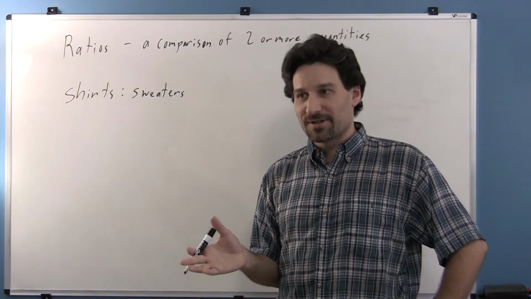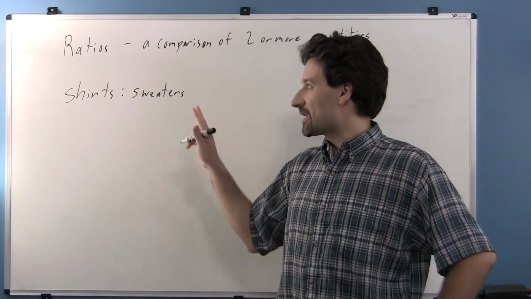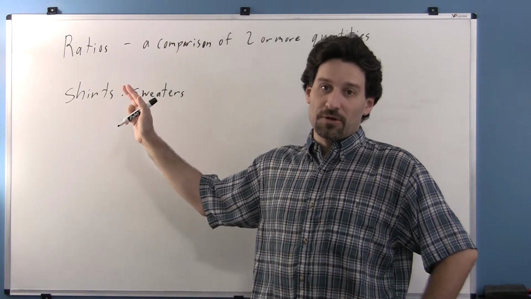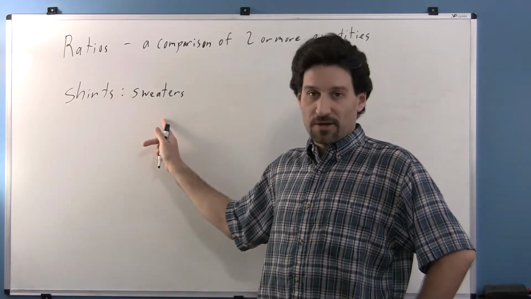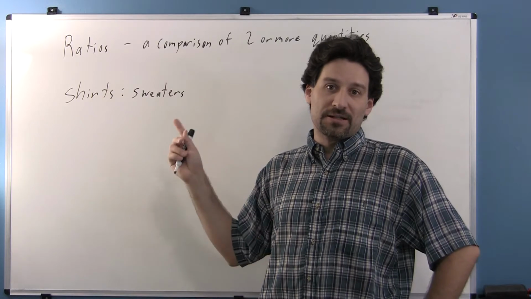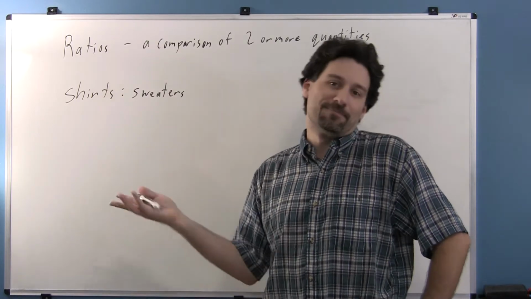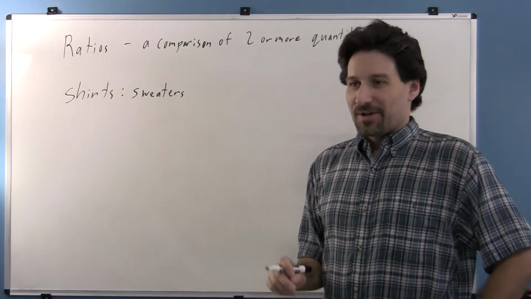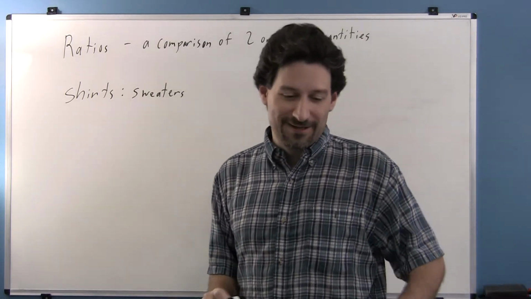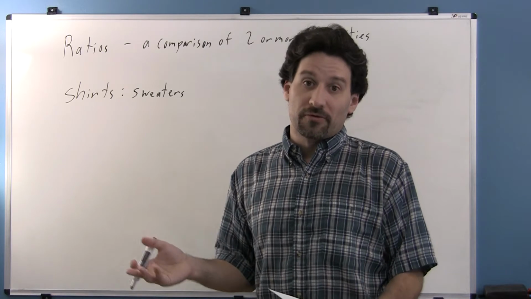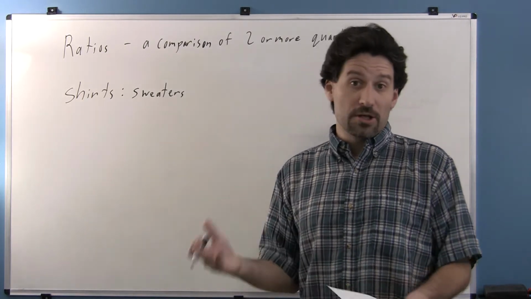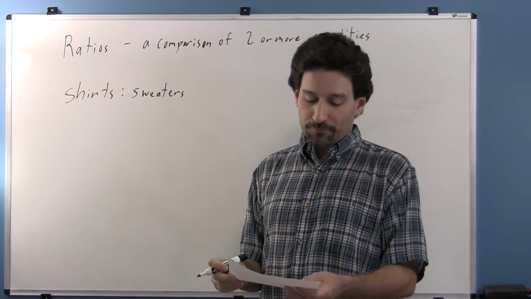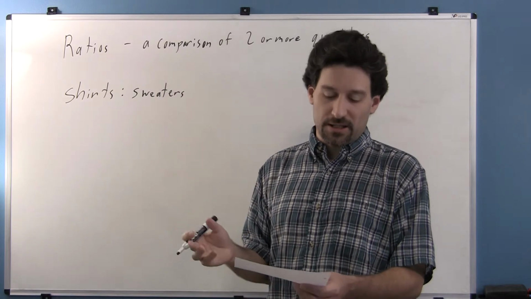Some questions in the practice are sneaky and they'll give you the information shirts to sweaters, but then they'll ask for it as the ratio of sweaters to shirts. So just take note of the order because it just changes the order of the numbers. Shouldn't change the relationship of them, but it might change what the answer looks like slightly.